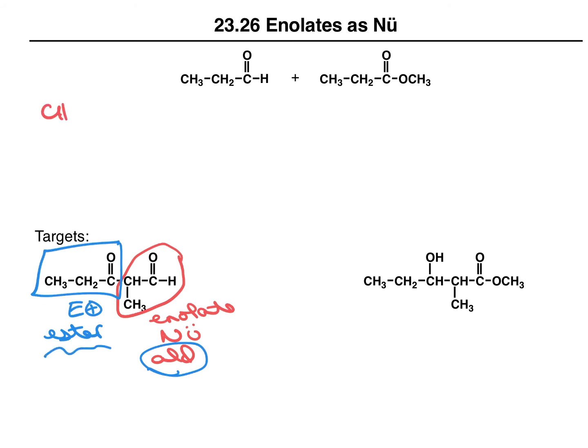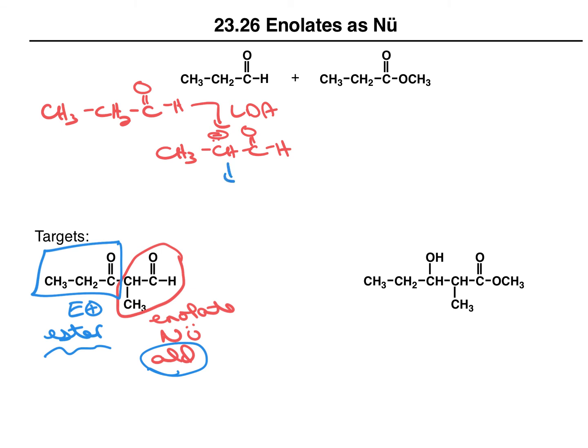So if we start with the aldehyde and we treat it with LDA, we are going to make some of this enolate. Sorry, we're going to make lots of this enolate. And then when we add in the second ingredient, our ester, this enolate will do nucleophilic acyl substitution.